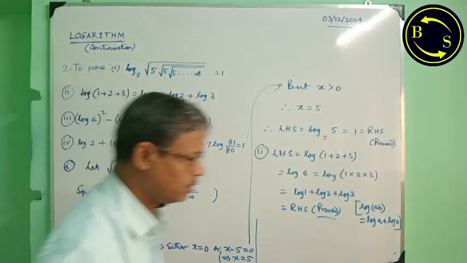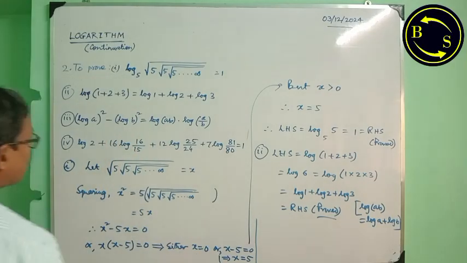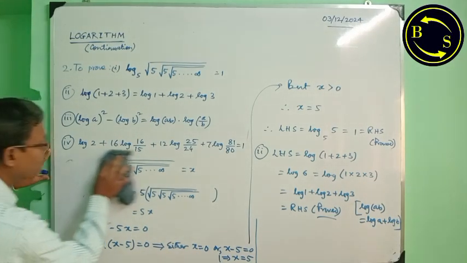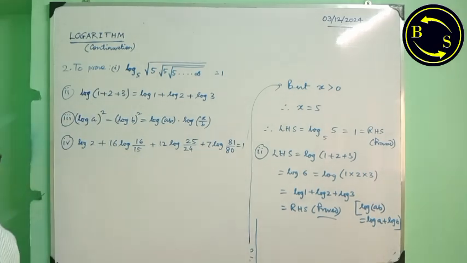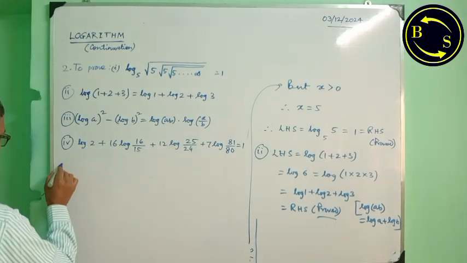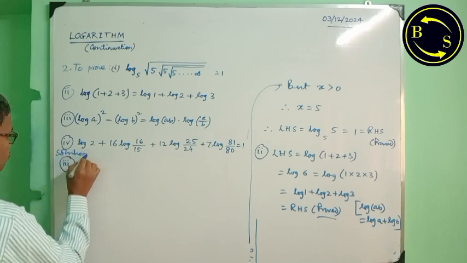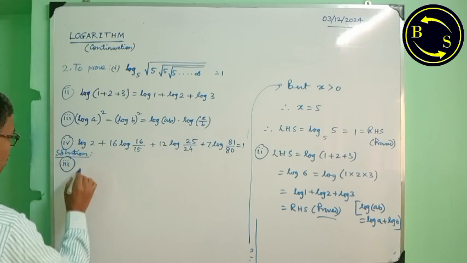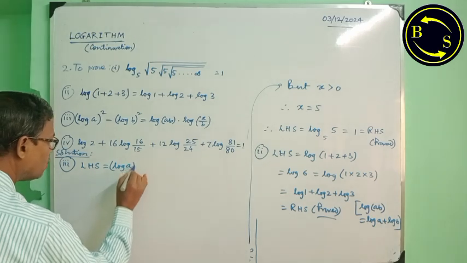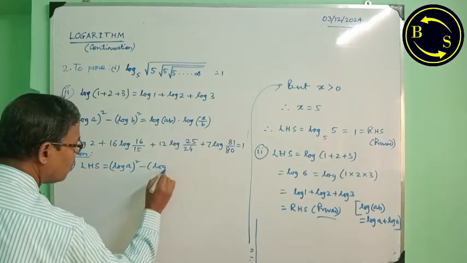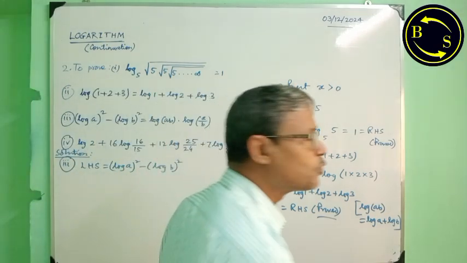I think students, learners have followed. Now I am going to work out sum number 3. Left hand side: log A whole square minus log B whole square, that is of the form p square minus q square.